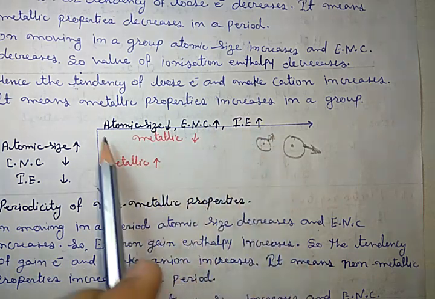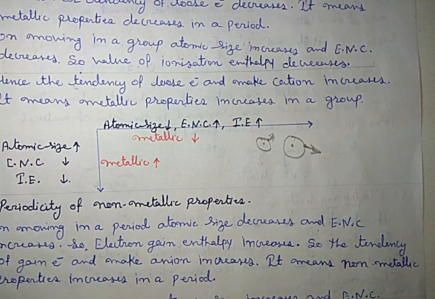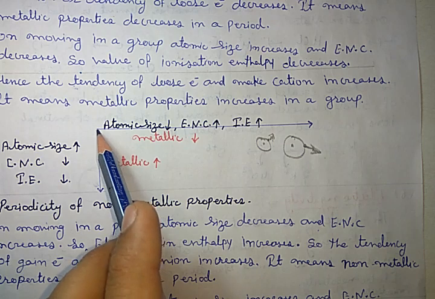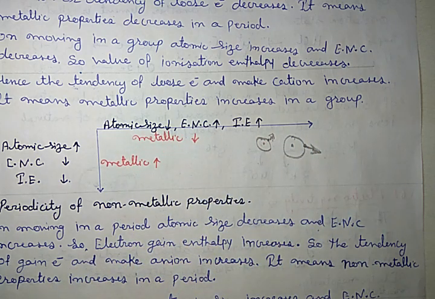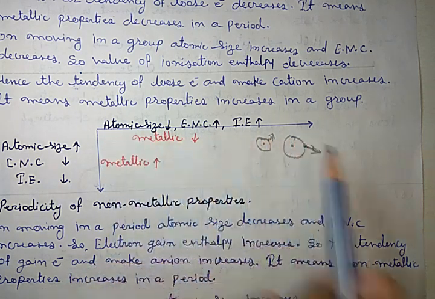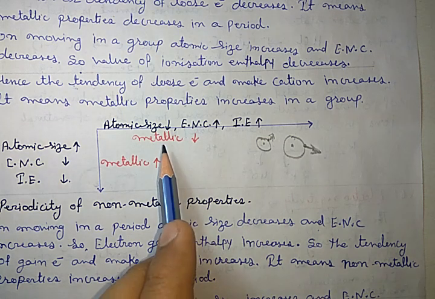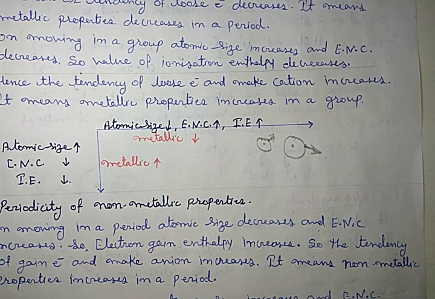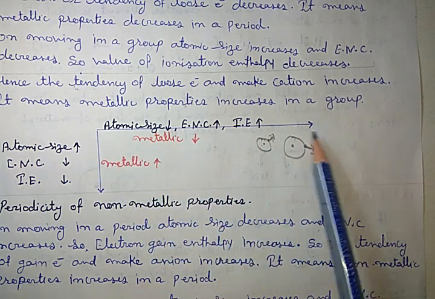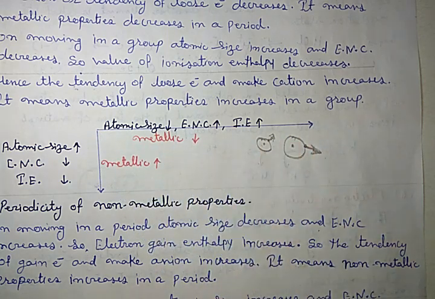On the combined effect of all of these, the tendency to lose electrons decreases when we move in a period. And if there is a decrease in the tendency to donate or lose electrons, it means metallic properties decrease. So we can say that in a period, metallic properties decrease.